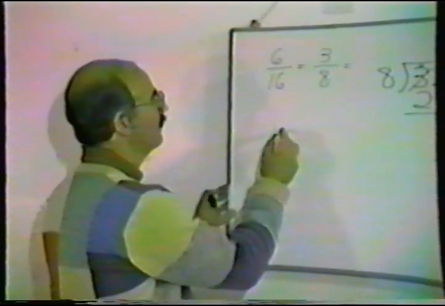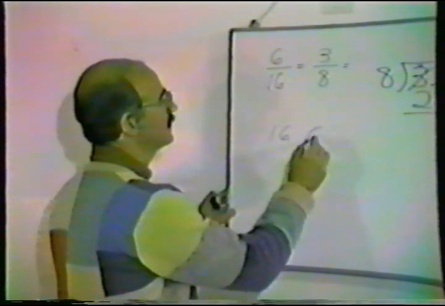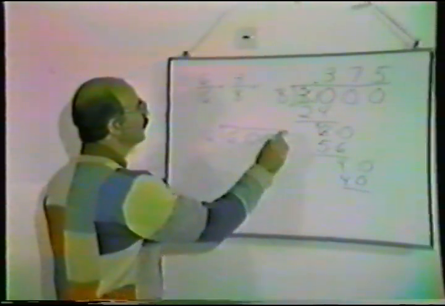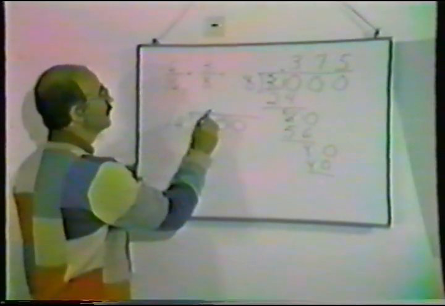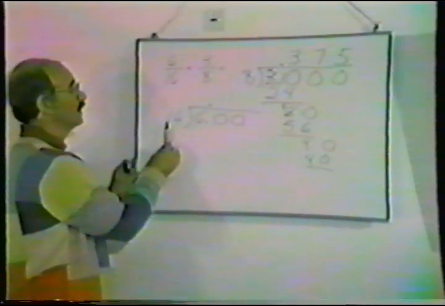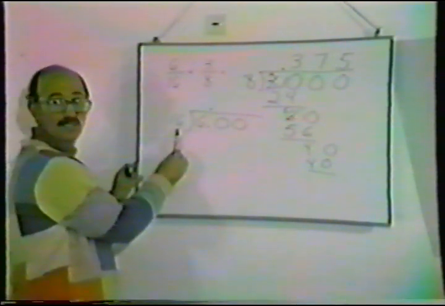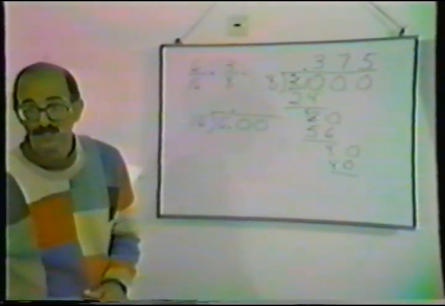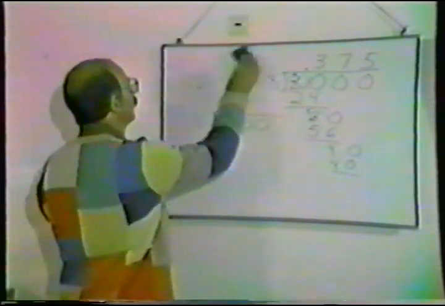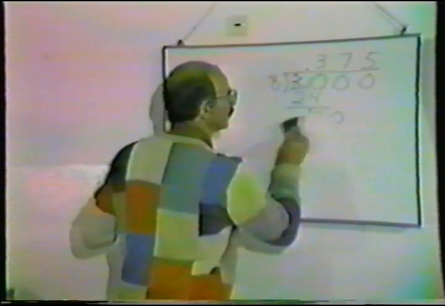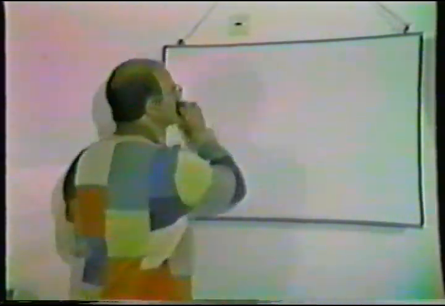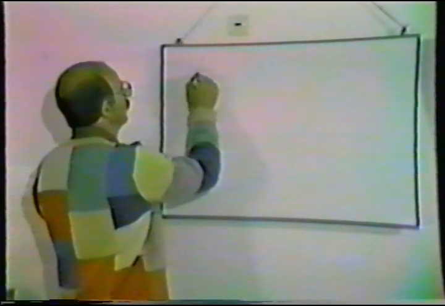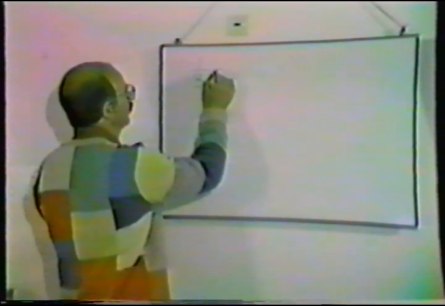Otherwise, we would have had to divide 16 into 6. And we would have gotten the same answer, but it's much more difficult to divide by 16 than to divide by 8. Let's do another one. 1/3.